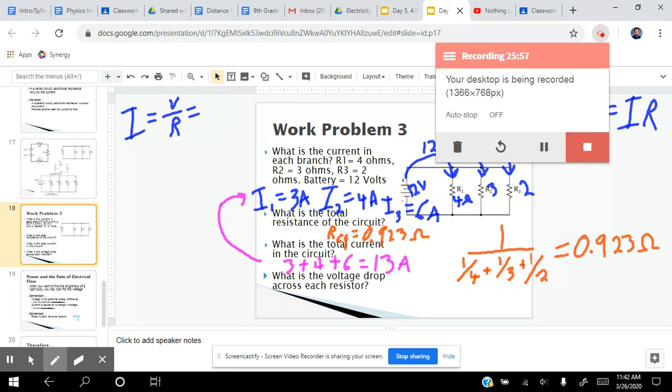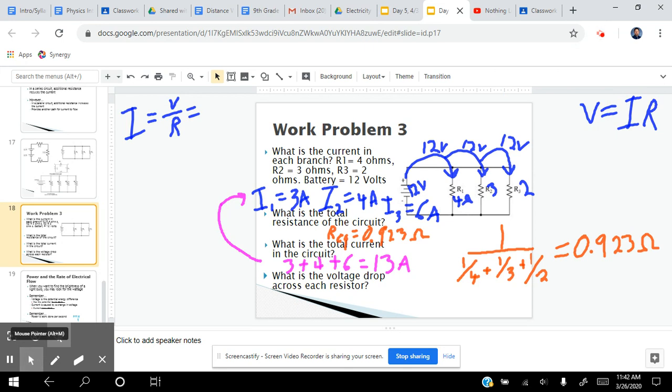So your life becomes pretty easy here for this one because it says, what is the voltage drop across each resistor? So in this case, your voltage drop is just simply going to be 12 volts because every single branch is getting 12 volts. So you can just write 12 volts. All right.